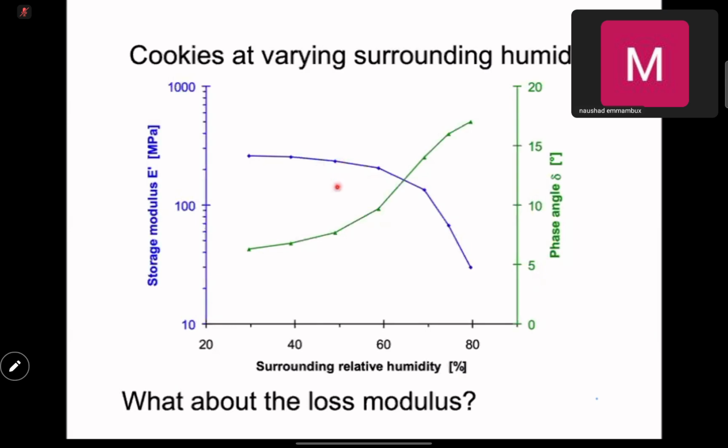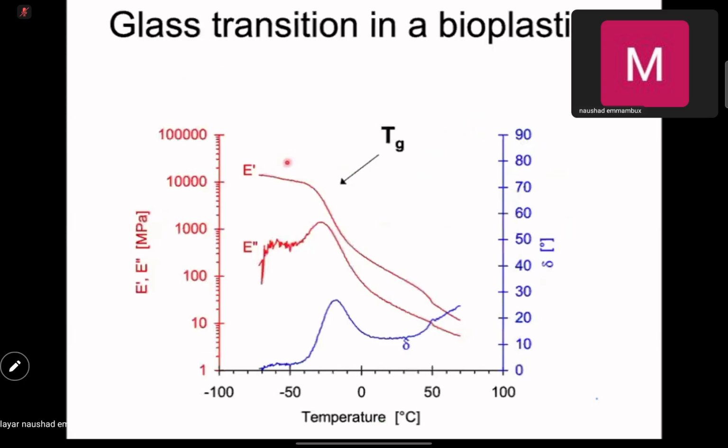But if I go down to Durban, which is the coastal area, during summer it's also about 75, 80% relative humidity. So this just shows you the maximum relative humidity one can think about for storing a sample without it absorbing moisture and changing the rheological properties and the snap properties of cookies.